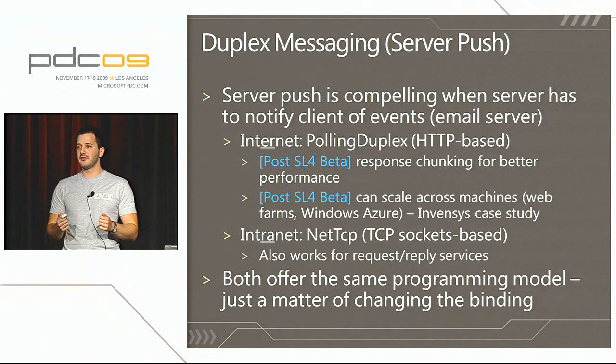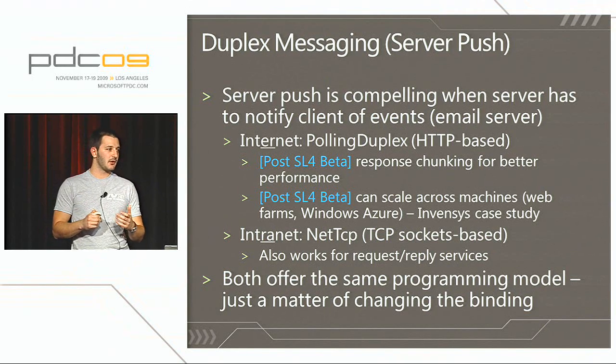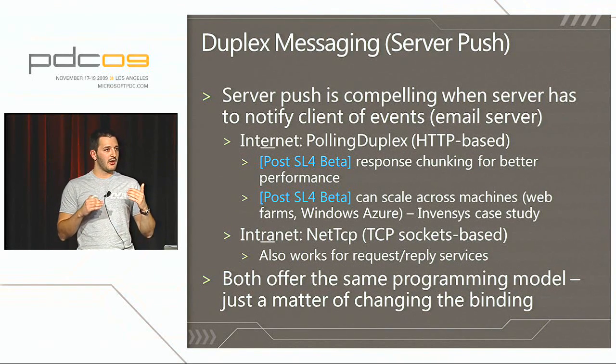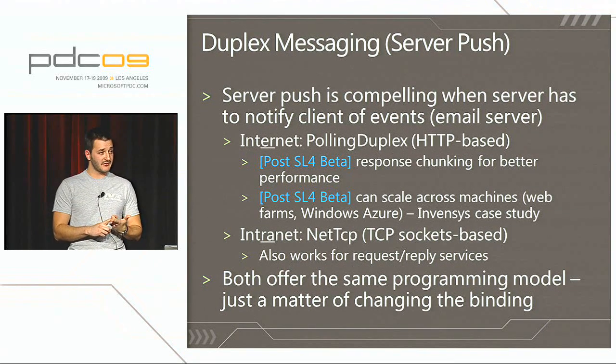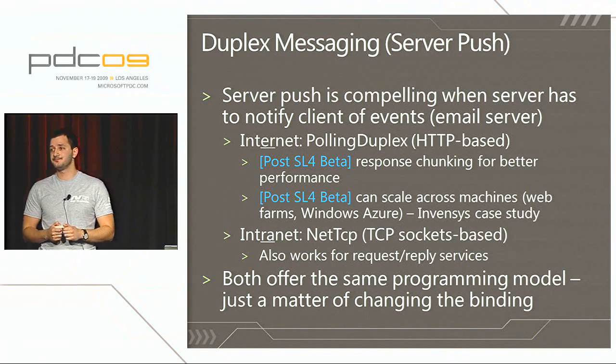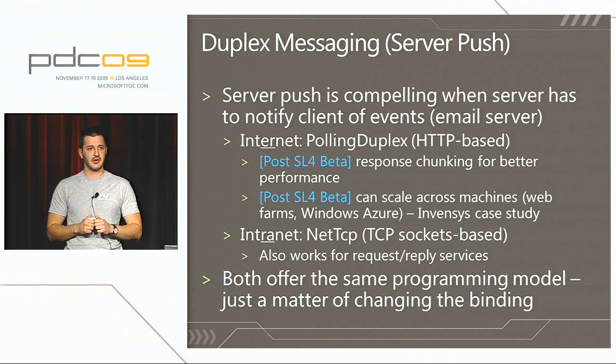One thing we're thinking of doing is, currently, the duplex HTTP solution can only send you one message per every HTTP request. What we're considering doing is enabling chunking on the HTTP level, so the duplex service can send you multiple messages over the same connection. That will help both latency on the client side, and it'll also help scale performance on the server side. That's one new feature that we're considering.